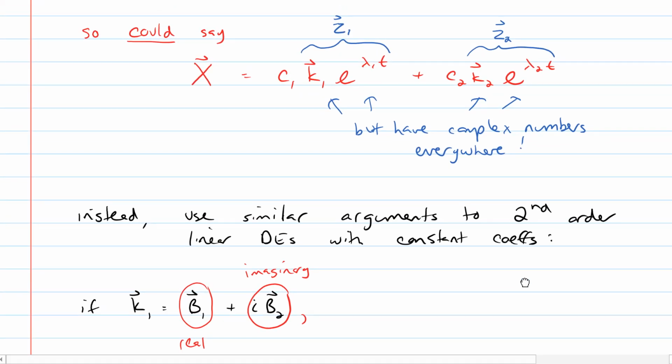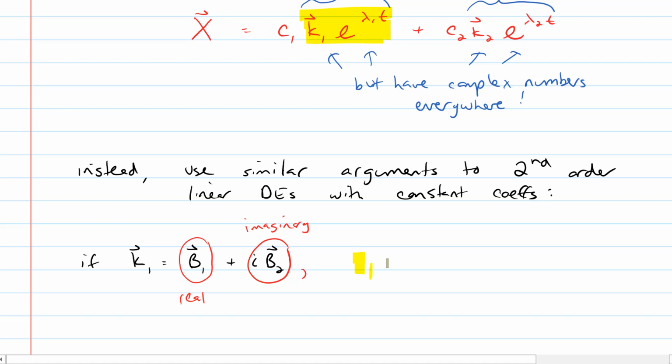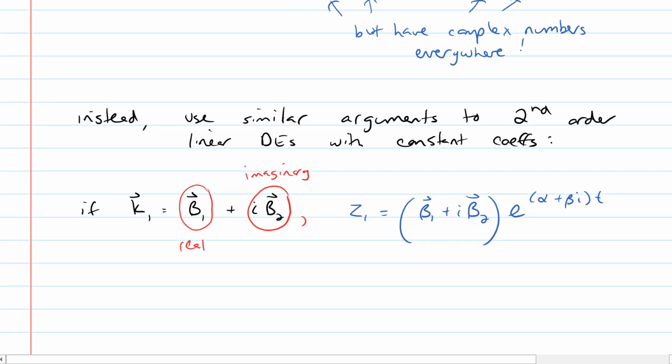Then if we take a look up above at our Z1, this entire thing here, then we can write Z1 is equal to, instead of just k now, vector b1 plus i b2 onto e to the lambda 1 t, and we're replacing the lambda by alpha plus beta i times t, where b1 and b2 are vectors.